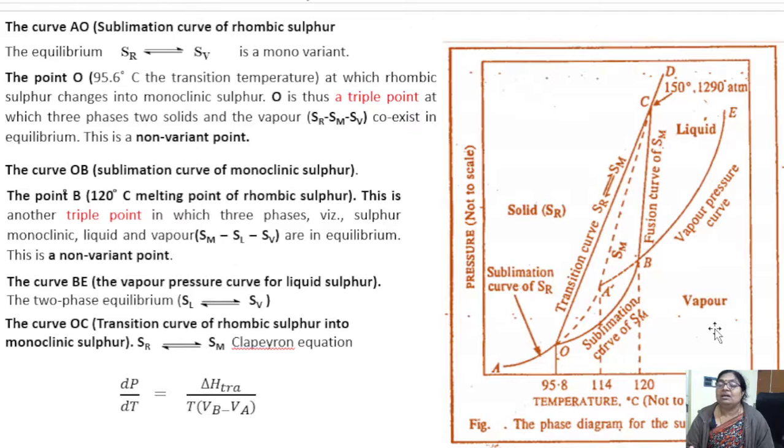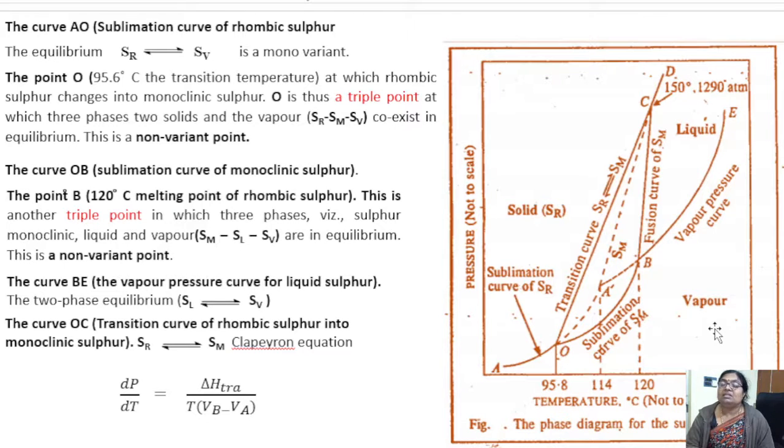Therefore this curve is very short compared to the transition curve, and it is inclined far away from the pressure line. So along the fusion curve BC, from a thermodynamic standpoint, there is equilibrium between liquid and monoclinic sulfur, and it is univariant.